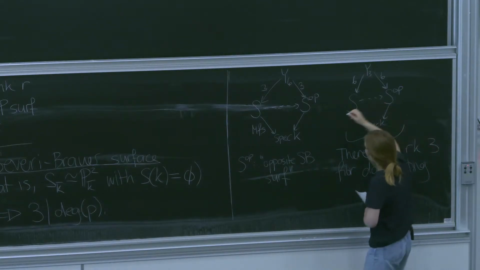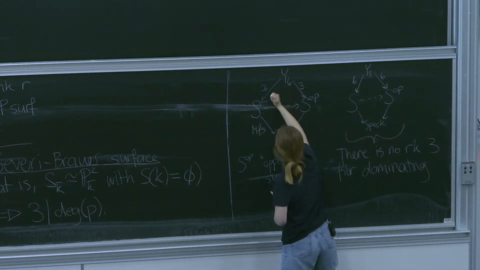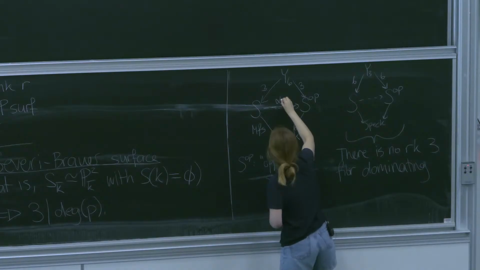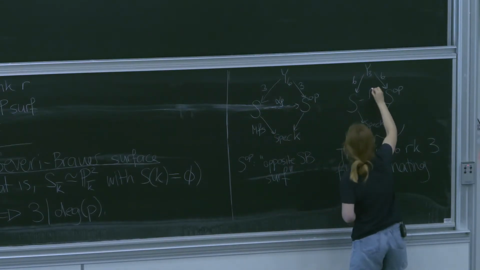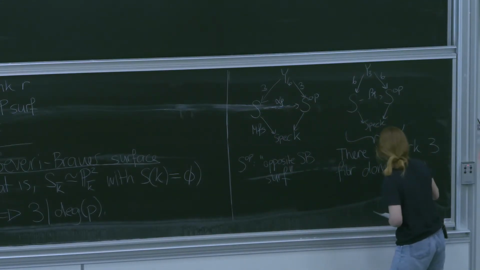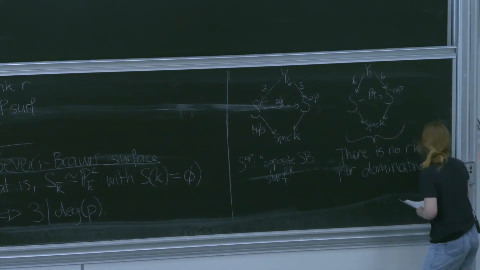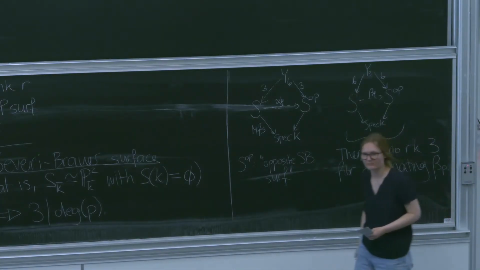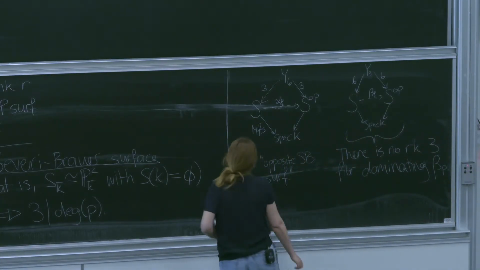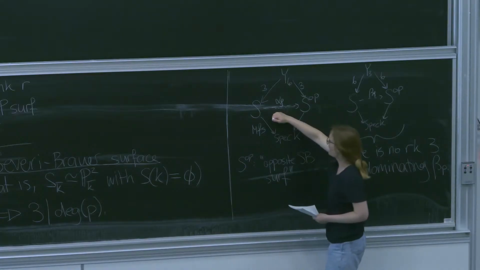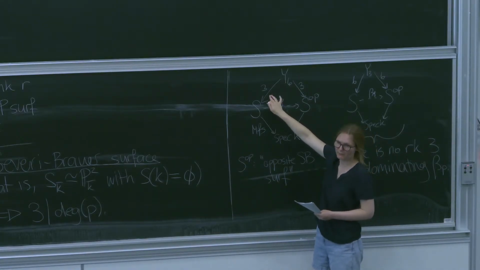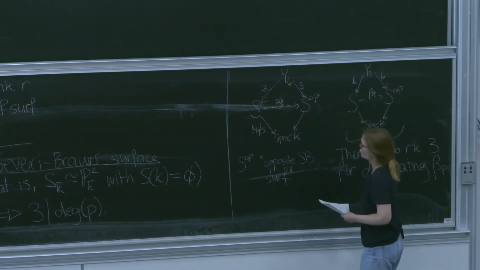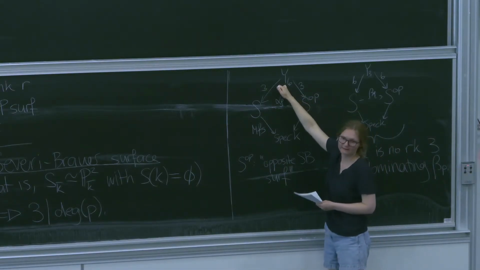So maybe let me call this alpha p, where p is the point that we blow up, and beta p, dominating beta p. Now let's look at alpha p. So here we blew up a point of degree 3. So let's look at the rank 3 fibrations that dominate the link.